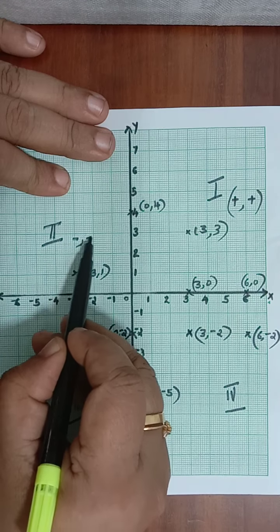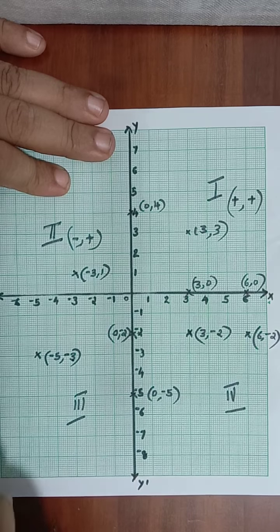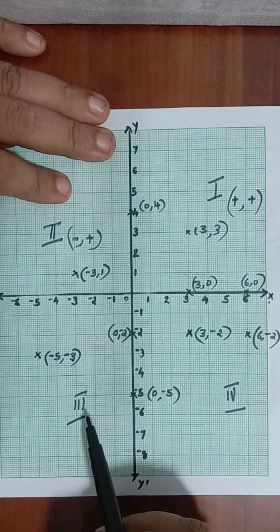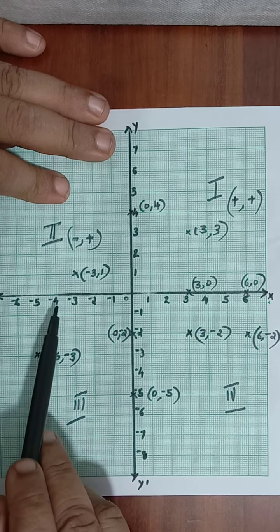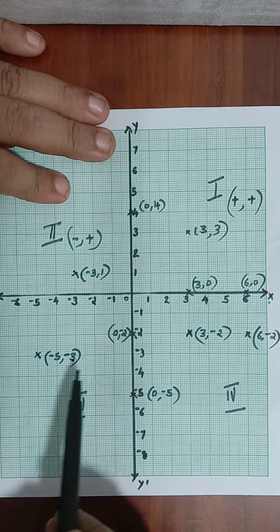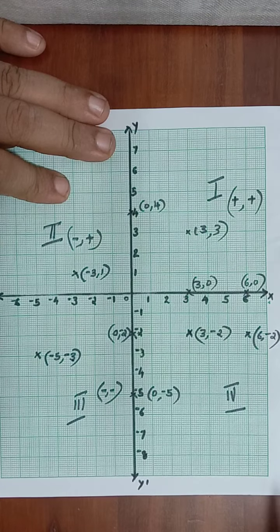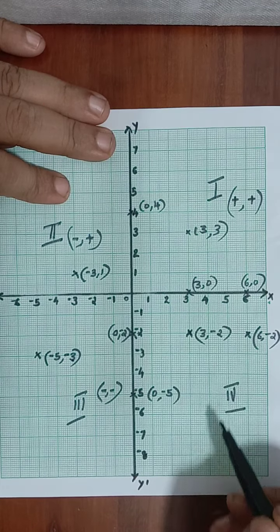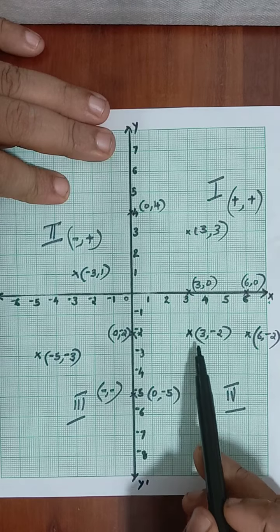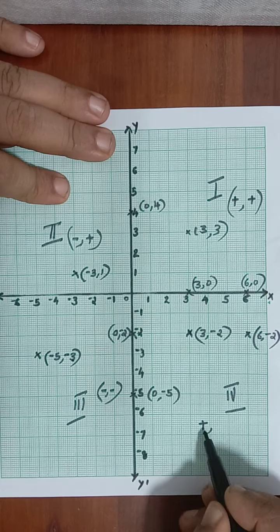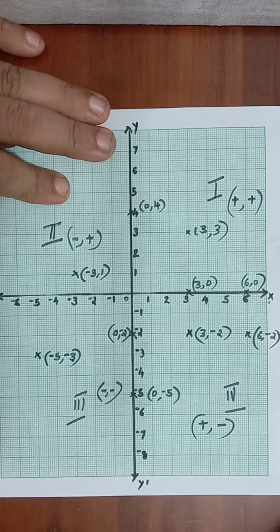So it is negative, positive. In the third quadrant, you can see both negative. X coordinate negative, y coordinate also negative. Now comes the fourth quadrant. In the fourth quadrant, we have positive, negative. Positive x coordinate, negative y coordinate. This is how it comes.